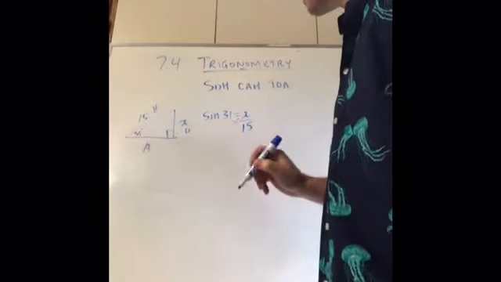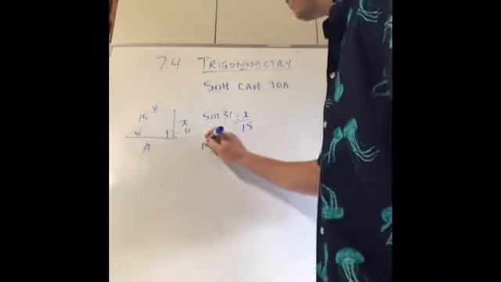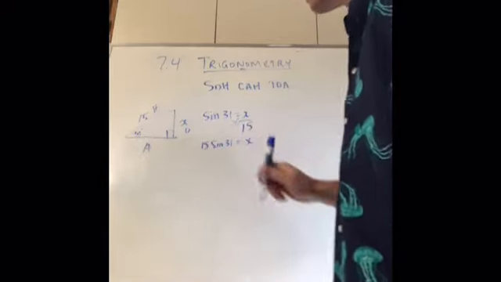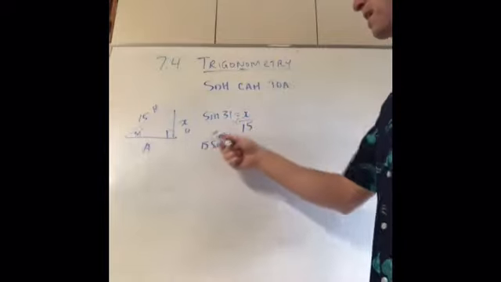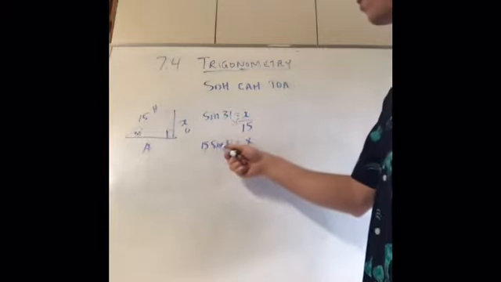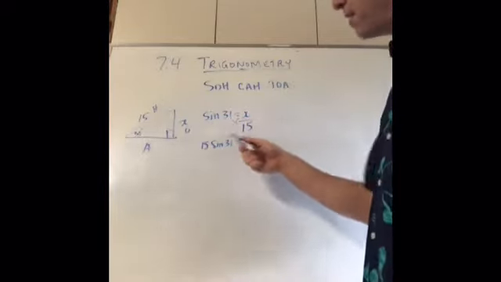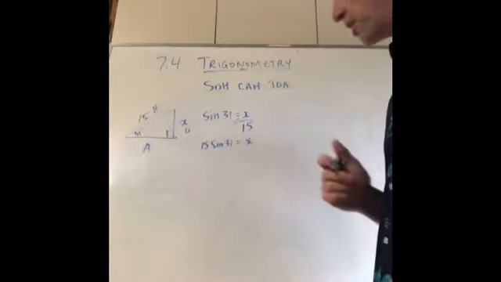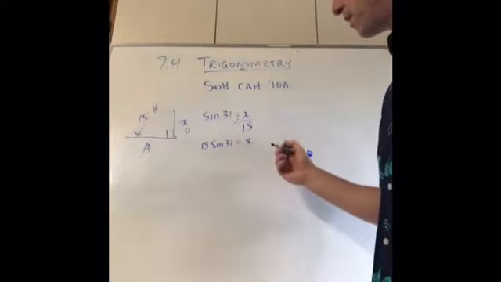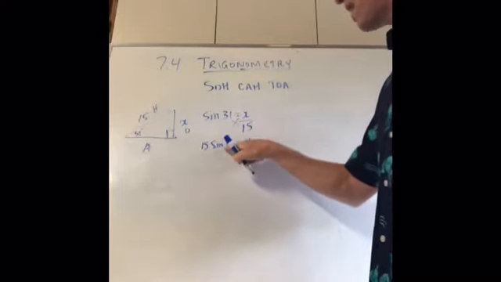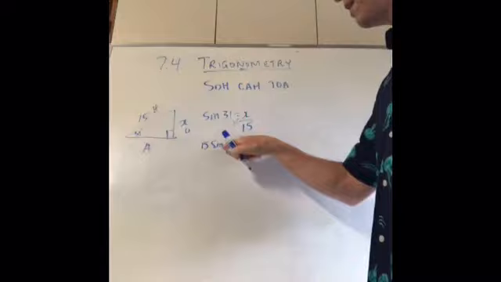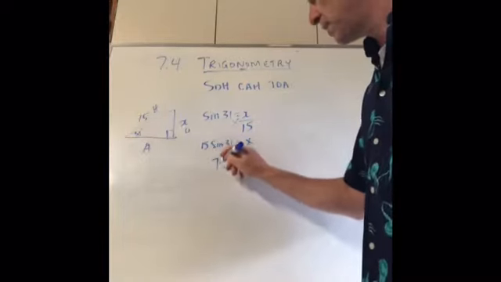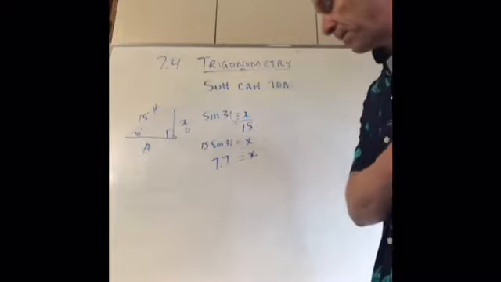We do a little bit of cross multiplication, and we get 15 times sine 31 equals x. If you do sine 31 times 15, which is fine, then you will have to put brackets around the 15 to keep the 31 and the 15 apart from each other. Or you can just write it out like this. When you do sine 31 in your calculator times 15, you should get an answer of 7.7.